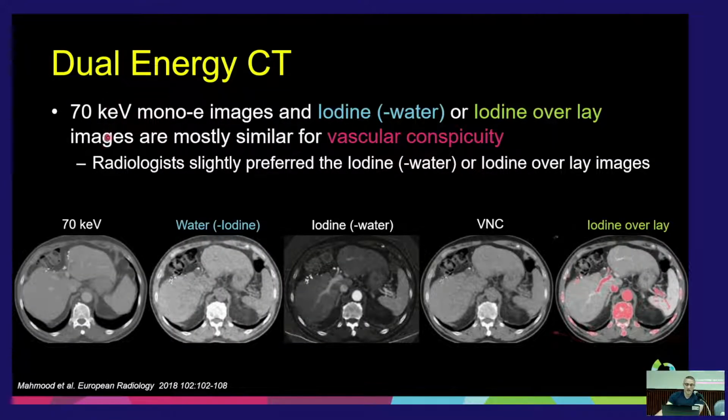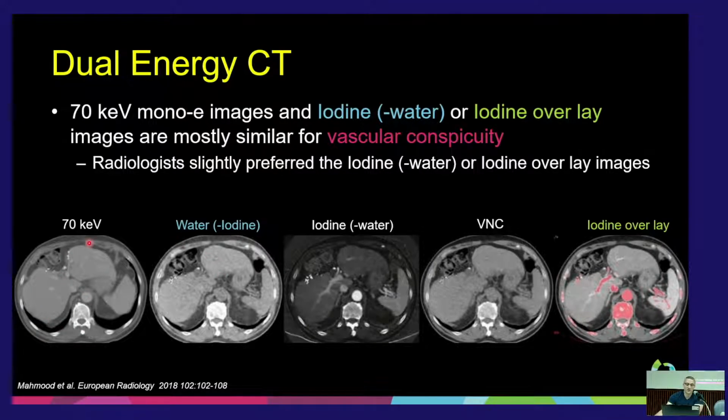All right, so I mentioned 70 keV mono image. In that paper, radiologists actually preferred the iodine concentrated images with water subtracted, overlaid, for looking at vascular conspicuity, versus just looking at the 70 keV with normal iodine on board.